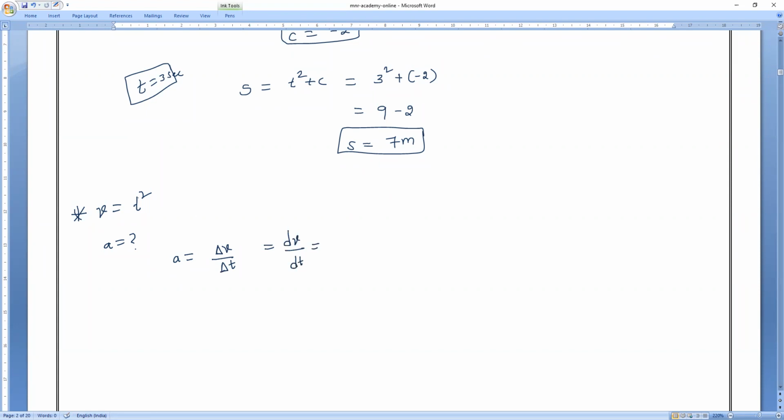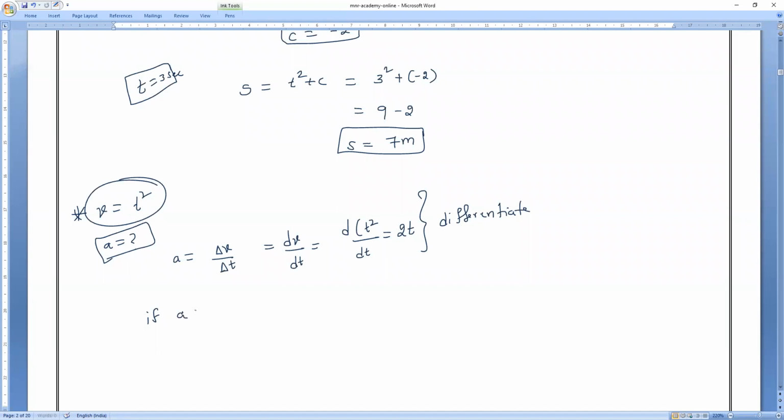If I do dV by dt, d of t square divided by dt is equal to 2t. So differentiating velocity gives acceleration. Now we want the reverse.